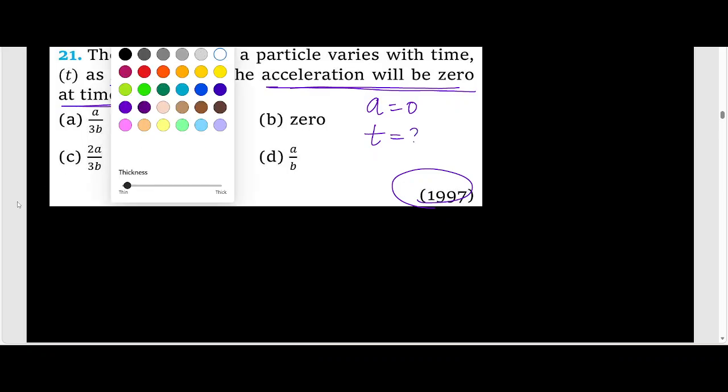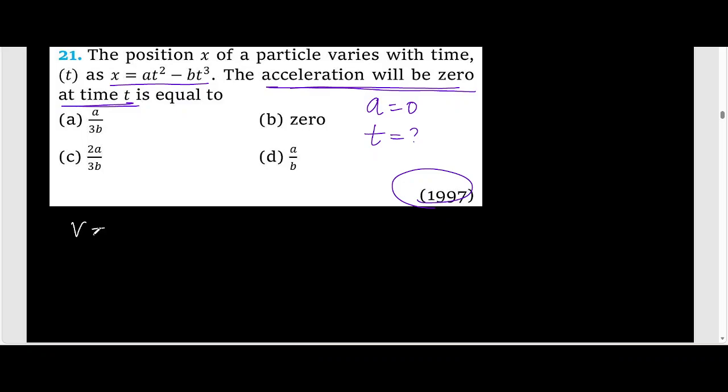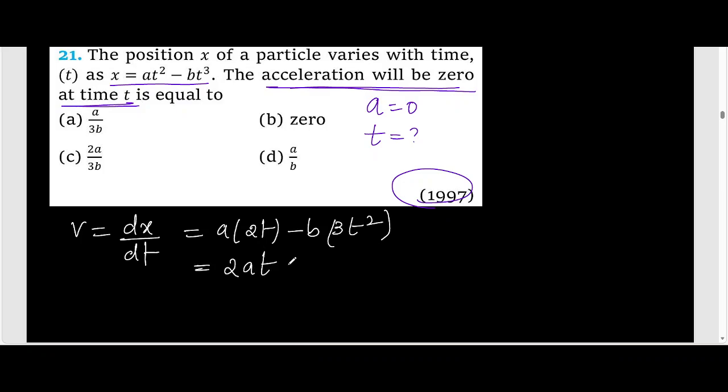First, find out the velocity. Velocity is dx upon dt. So x is given in the question, so differentiate it. a into t square is 2t, minus b into t cube is 3t square. So I'll get 2at minus 3bt square. This is velocity.